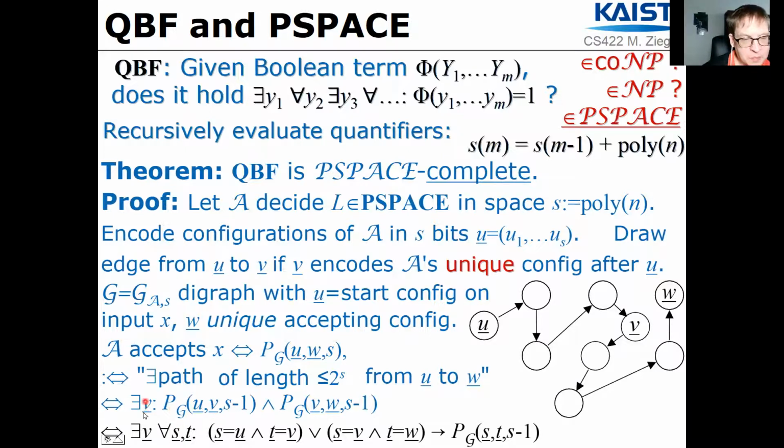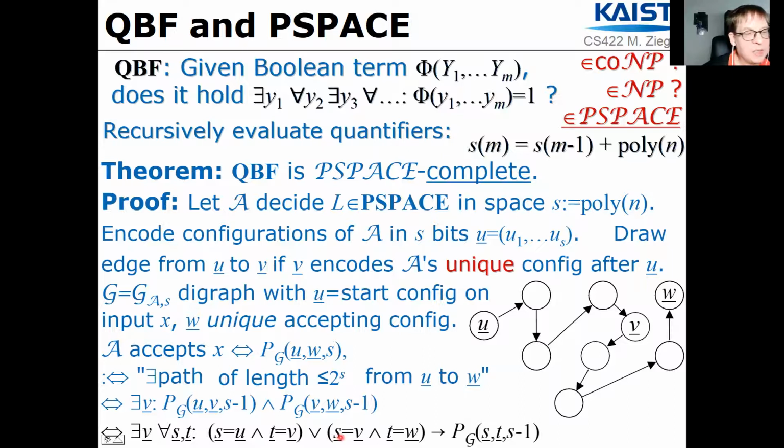So the first part is the same, existentially quantified over V. And then instead of saying the first part from U to V, length at most 2 to the s minus 1, and from V to W, we say from S to T in length at most 2 to the s minus 1, for a discrete S and T. And then we say that either S is equal to U and T is equal to V, in the first case, or S is equal to V and T is equal to W, the second case.